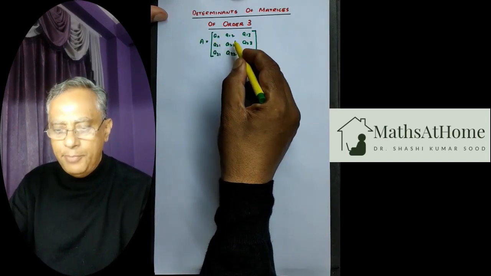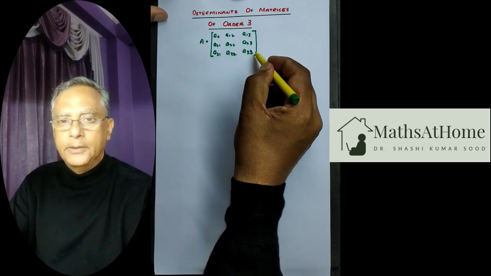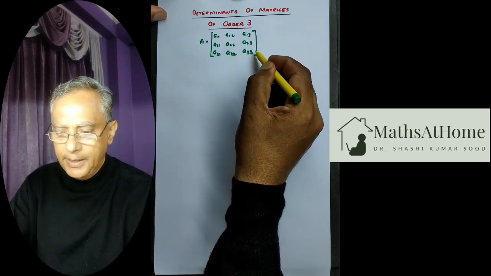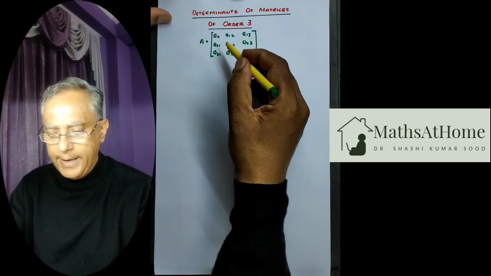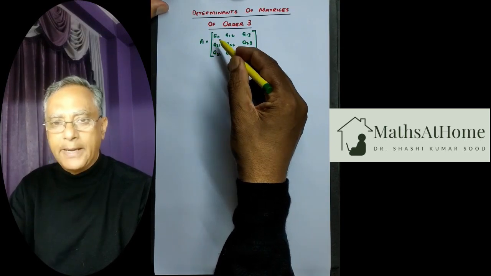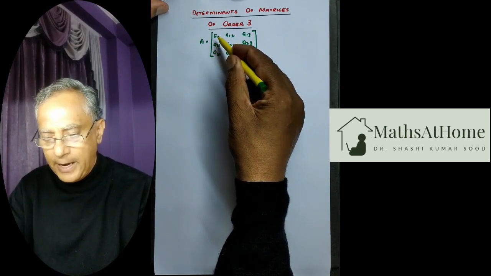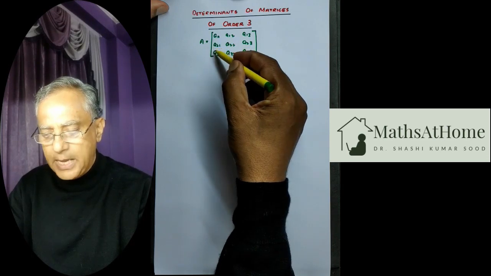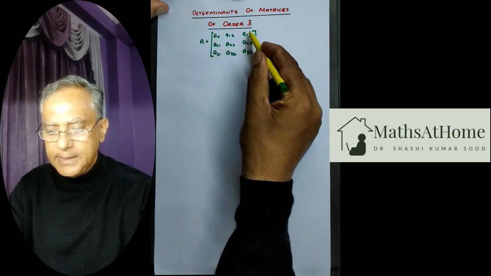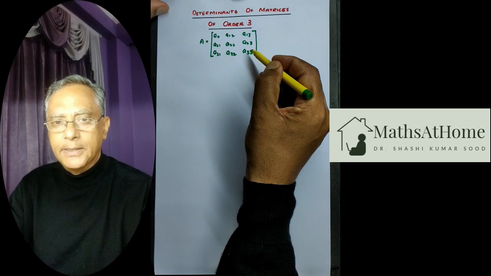Let A be a general matrix of order 3 cross 3. Now, in order to find the determinant of this matrix, we will find the value which can be associated with this 3 cross 3 matrix.